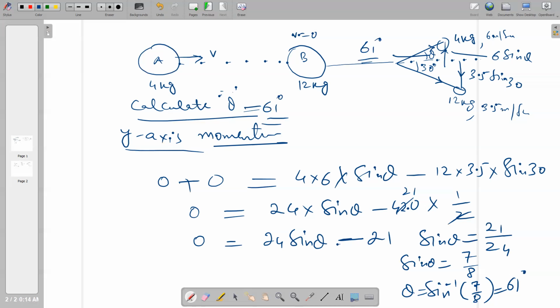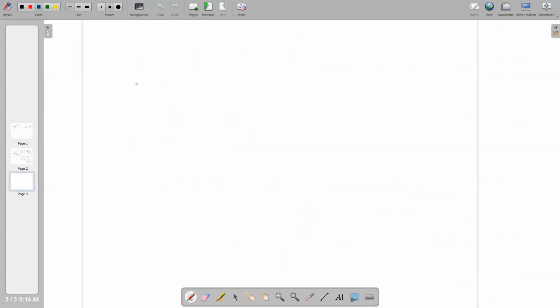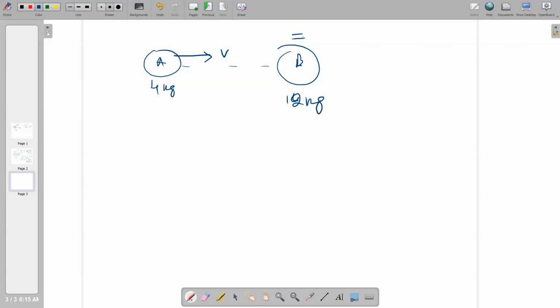Okay. In the second part of this question, find this V. To find this V, how we can find the V? So see in the next slide. So this is our A body, it's 4 kg and it is moving with V. And this is the another body, B, it is 12 kg and it is at rest, 0.